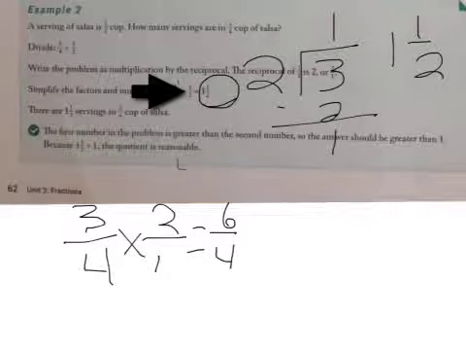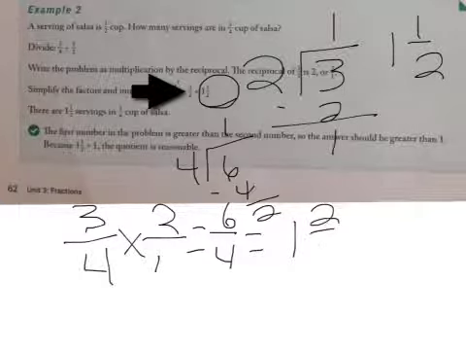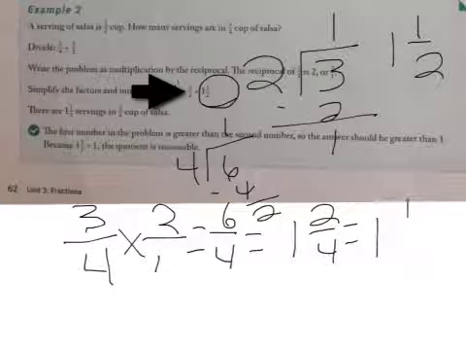And so we divide 6 over 4: 4 will go into 6 one time with a remainder of 2. So we're going to end up with 1 and 2/4. Then we'll simplify that to 1 and 1/2, because we know 2 will divide into 2 one time, and 2 will divide into 4 two times. There we go. So there are two different ways that you can work this problem out.